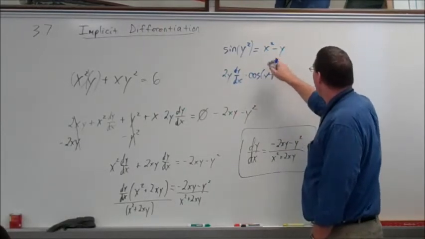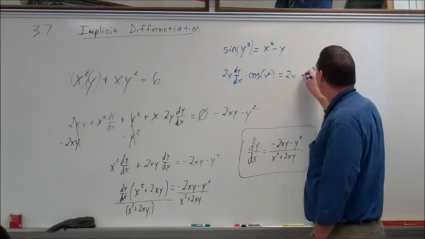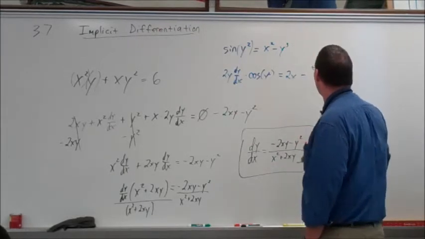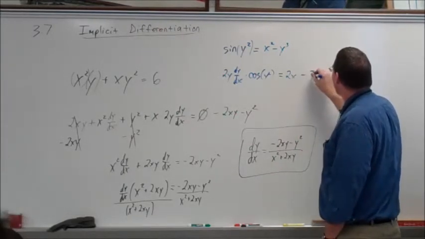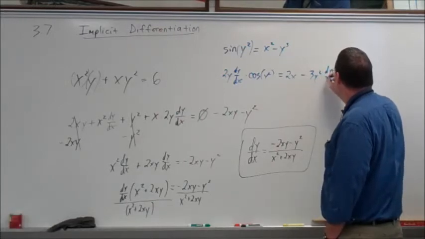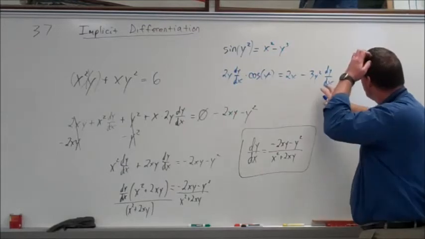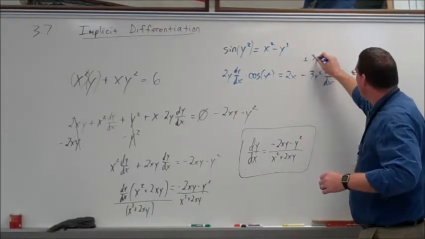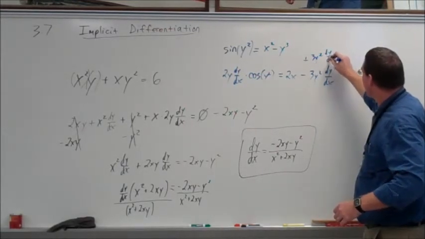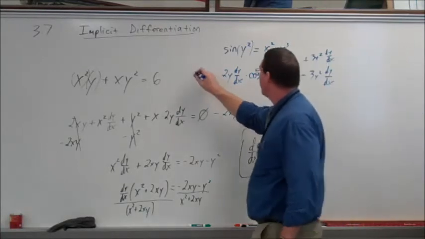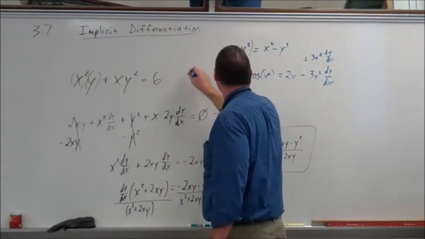Equals, power rule, minus, let's make this y cubed for fun, 3y squared dy/dx. Now I'm going to add 3y squared dy/dx to both sides so that I can put dy/dx on the other side.